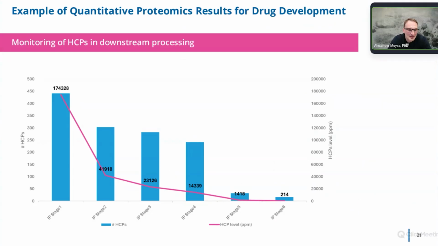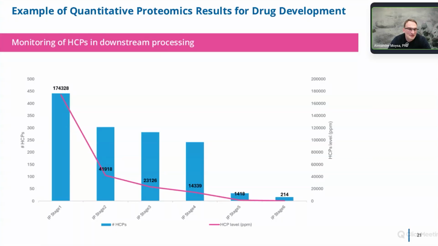Another important example of using the proteomic approach is host cell protein profiling in the drug development area. Mass spectrometry-based host cell protein profiling allows identification of individual proteins, including low abundance proteins and also immunovisible proteins.